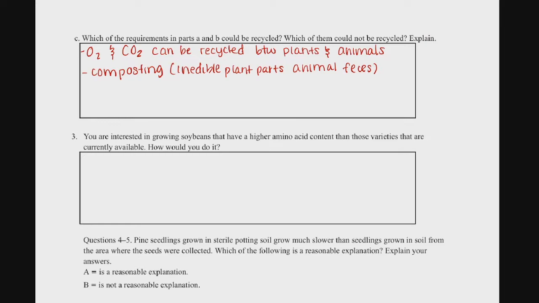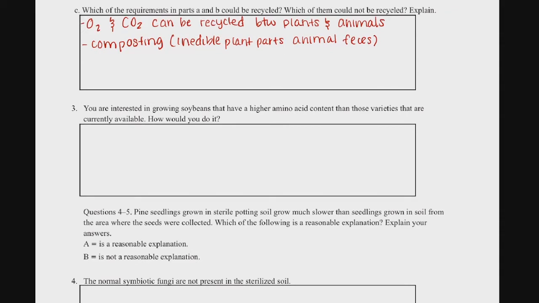Awesome. Okay. So, 3, you are interested in growing soybeans that have a higher amino acid content than those varieties that are currently available. How would you do it? The only way to increase amino acid yield, or the composition for that matter, is by selection and breeding of plants with the desired characteristic.